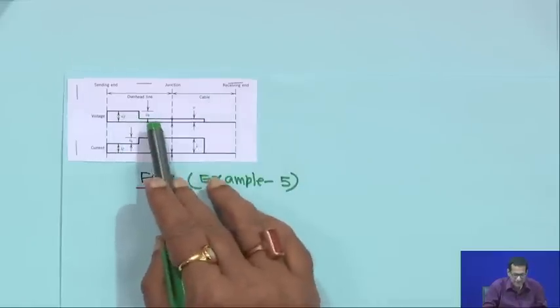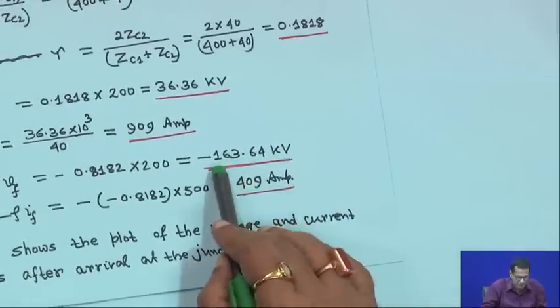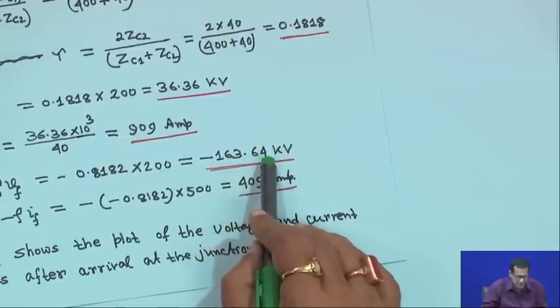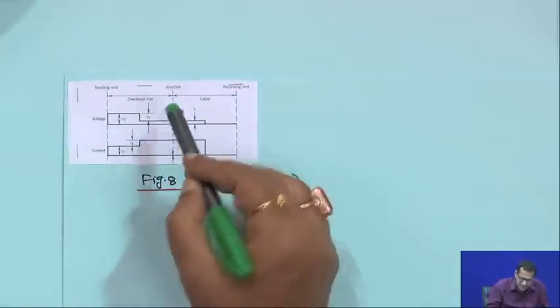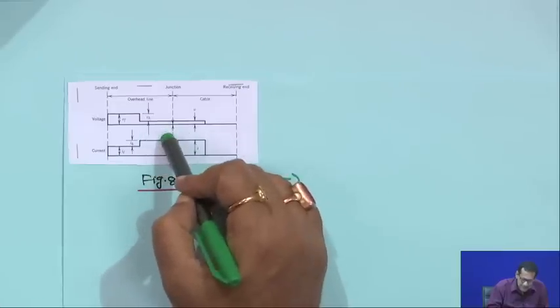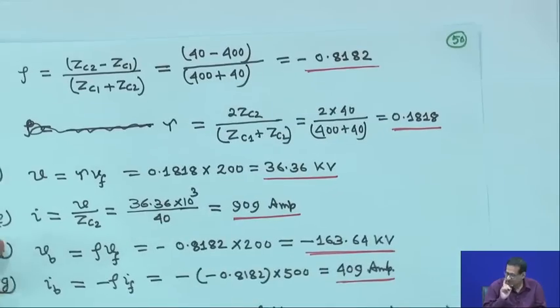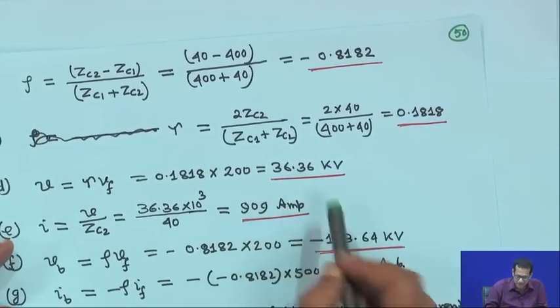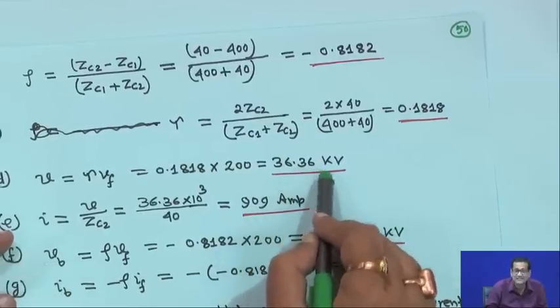So, it is VF, but VB you are actually getting minus 163.64 kV. The negative side is not shown, but VF you have 200 kV. So, 200 minus 163.64 means V will be 36.36 kV.